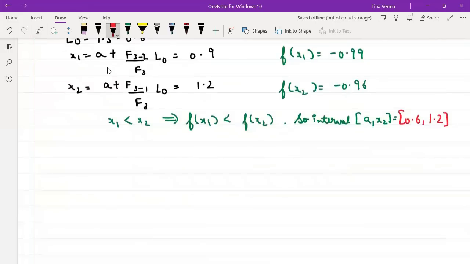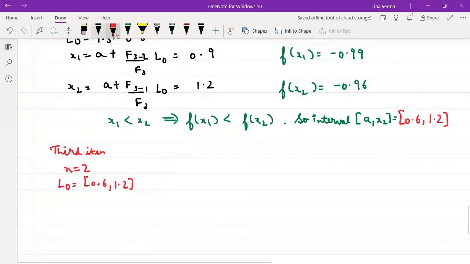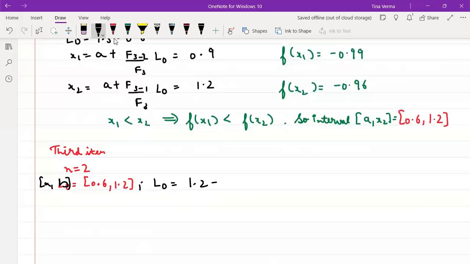I will complete, then I will stop, right? The third iteration, if you will perform, in this case n will become your 2, right? And you will say L naught now is your interval AB, 0.6 to 1.2. And L naught will be the difference of 1.2 minus 0.6.